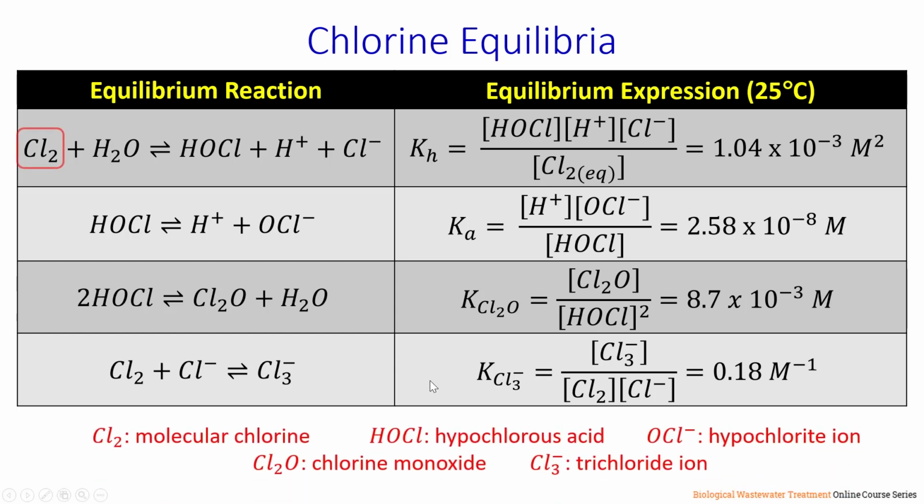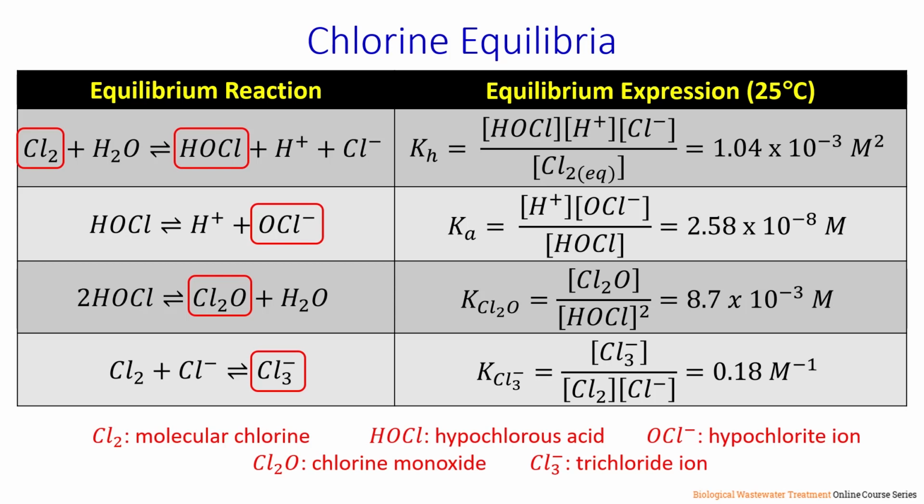They are molecular chlorine, Cl2, hypochlorous acid, HOCl, the hypochlorite ion, OCl-, chlorine monoxide, Cl2O, and the trichloride ion, Cl3-. Again, these 4 equilibrium expressions allow us to quantify the distribution of chlorine among these various forms in solution.